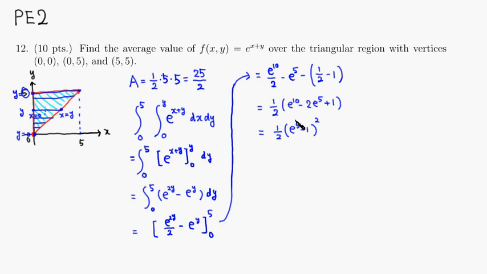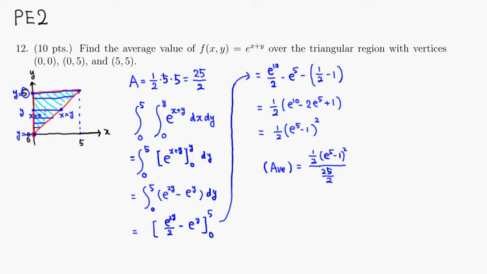If you want to find the average, remember that all you have to do is find the integral, so it's 1/2 times e to the 5th minus 1, squared. Then divide the double integral by the area of the region, so 25 over 2.